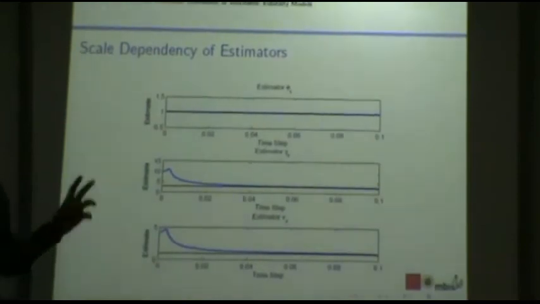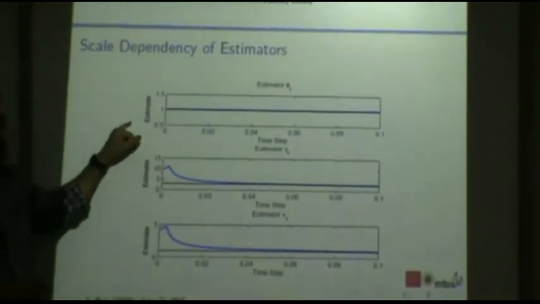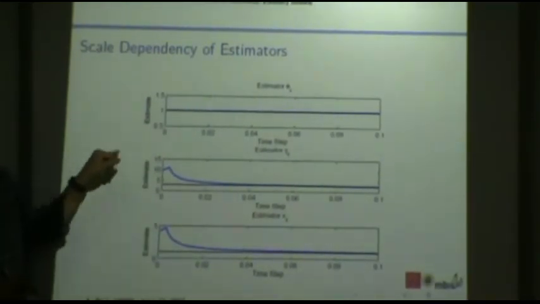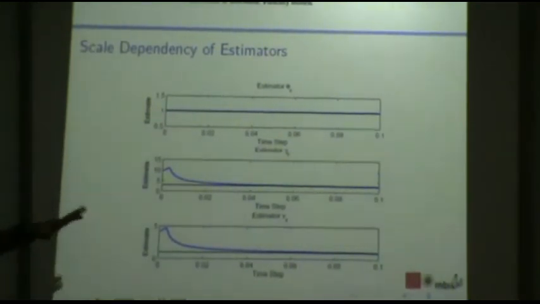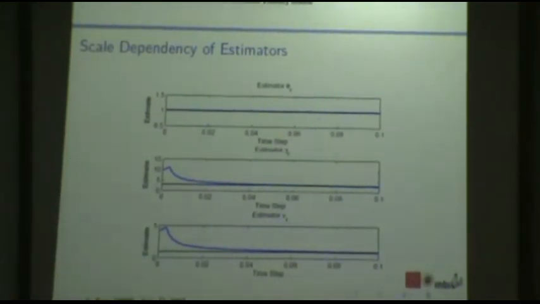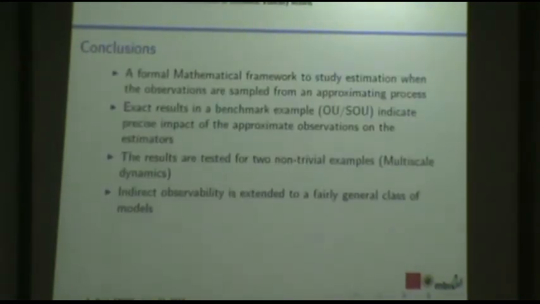So what is the order of convergence? Once we're able to establish that, we'll be able to test numerically that in fact the order of bias is epsilon over delta, due to the indirect observability. So that is where I end.